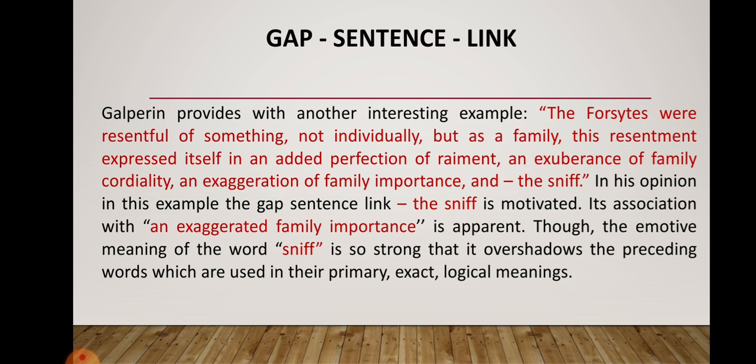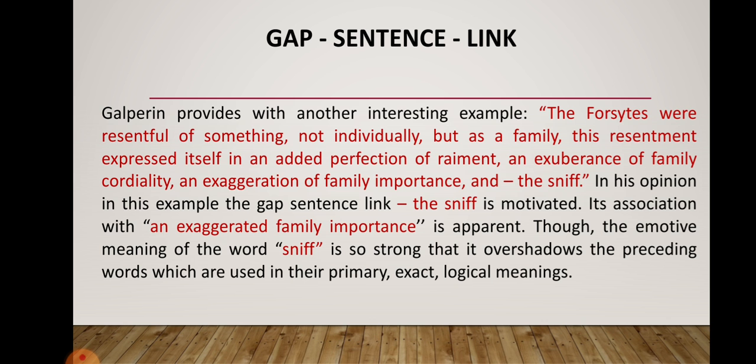Galperin provides another interesting example. "The Forsytes were resentful of something, not individually, but as a family. This resentment expressed itself in an added perfection of raiment, an exuberance of family cordiality, an exaggeration of family importance, and the sniff."